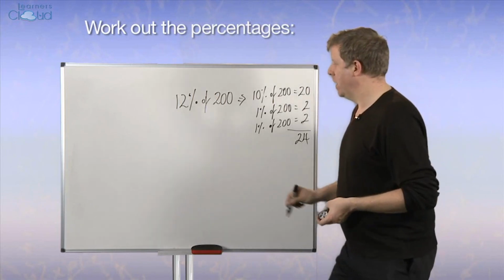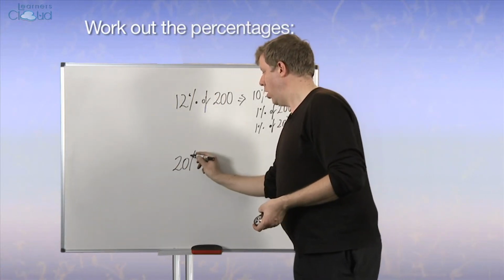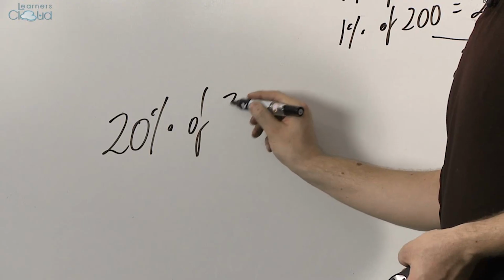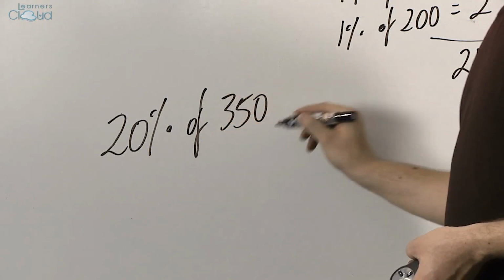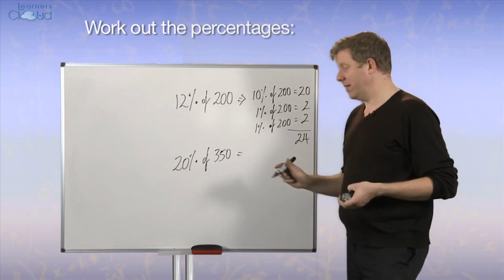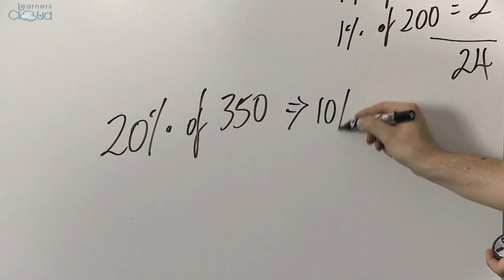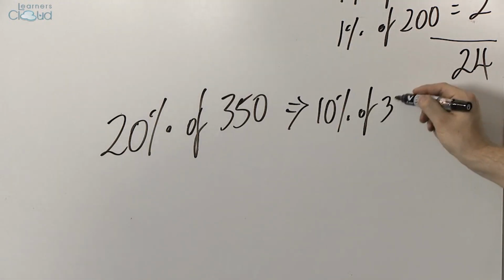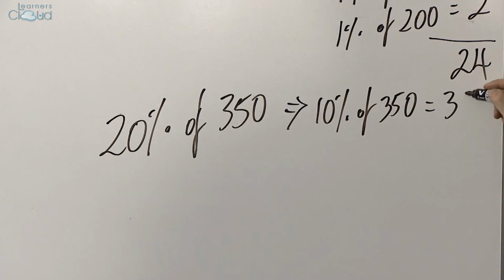Let's do another one. 20% of 350. Now again, it's all based around the 10%. 10% of 350 is 35.